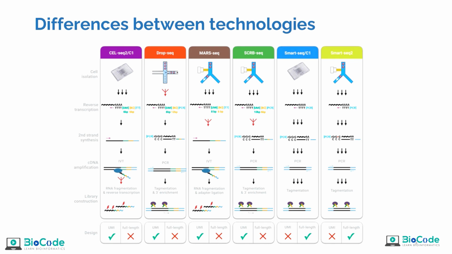So among all these technologies, either full length or Drop-seq technologies, 3' or 5' end, these 5 steps are similar in terms of the order in which these steps are going to be followed. What they do is different among all these technologies, and we are going to discuss them.